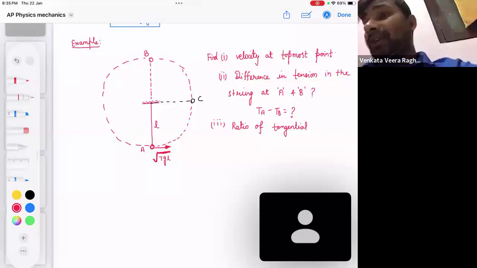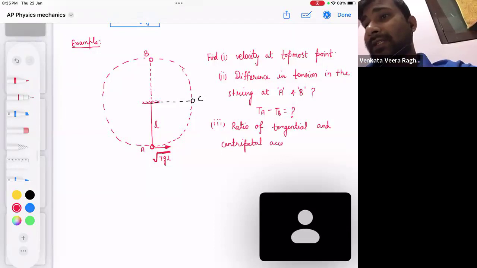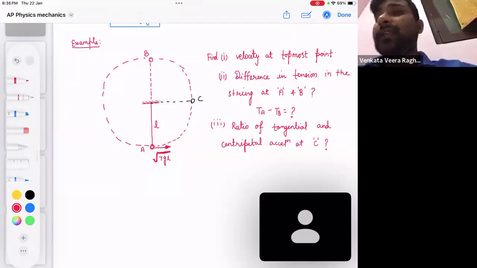The ratio of tangential and centripetal acceleration at point C: when the particle reaches point C, what is the tangential acceleration of the particle at point C? And what is the centripetal acceleration at point C?